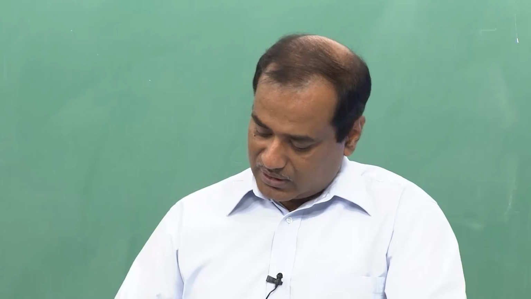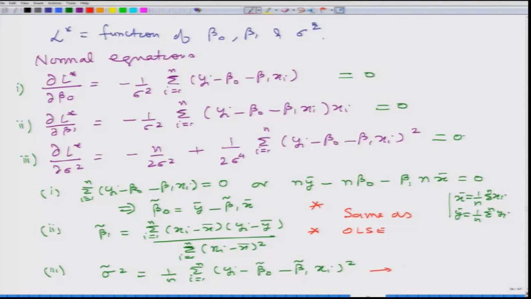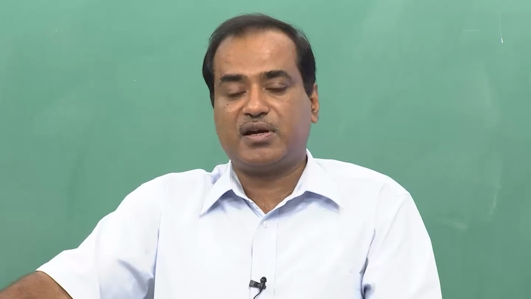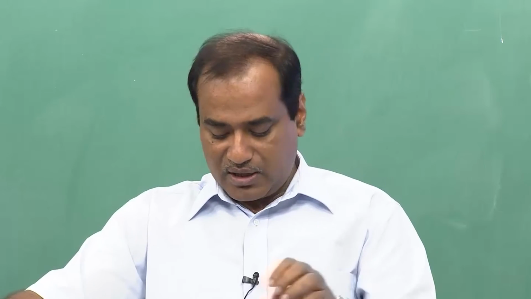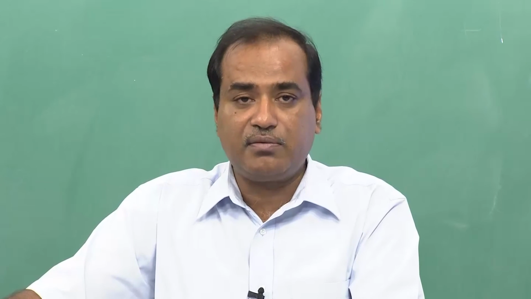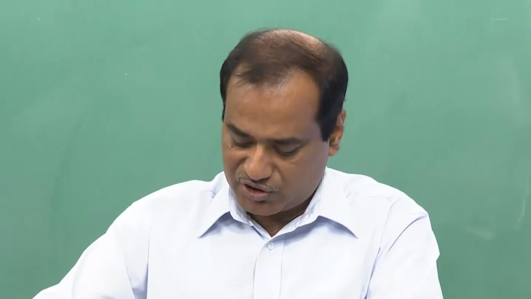But this is different from the least square estimator of sigma square, which, if you recall, was 1 over n minus 2 summation i goes from 1 to n of (y_i minus beta 0 hat minus beta 1 hat x_i) whole square. The difference between the maximum likelihood estimate and the least square estimate of sigma square is only because of the divisor. Here the divisor is n, and earlier the divisor was n minus 2.